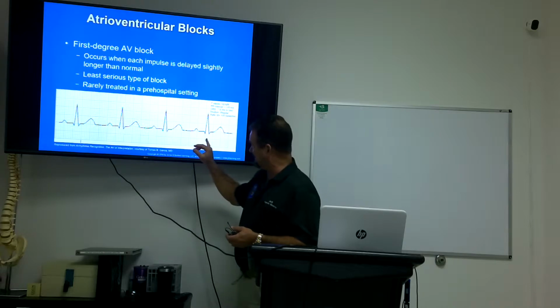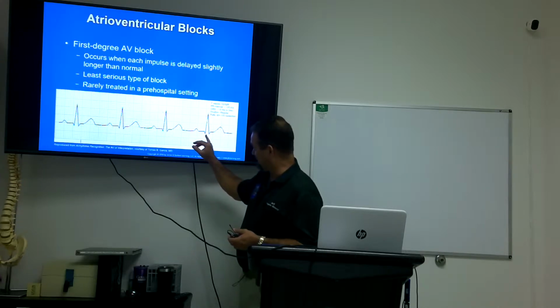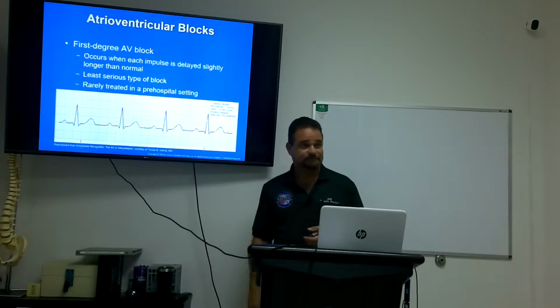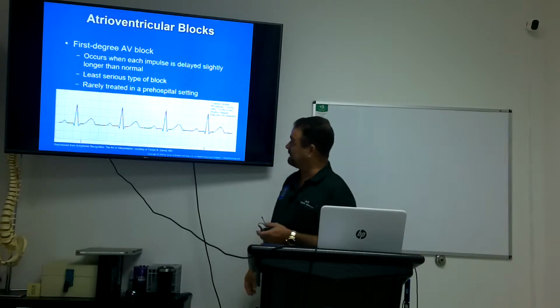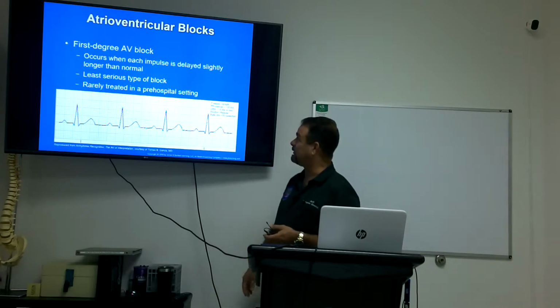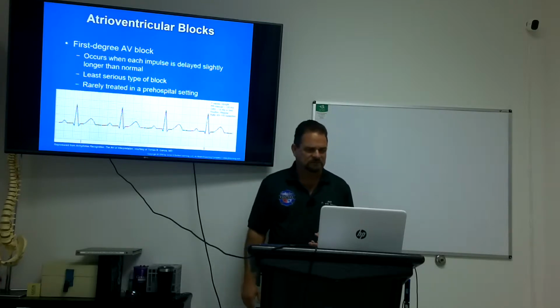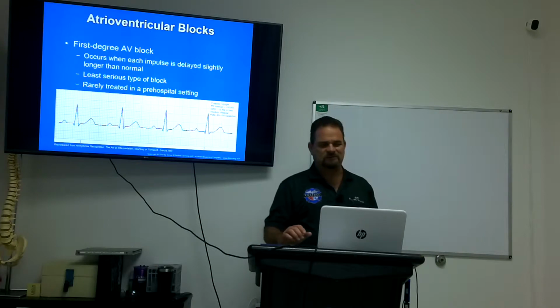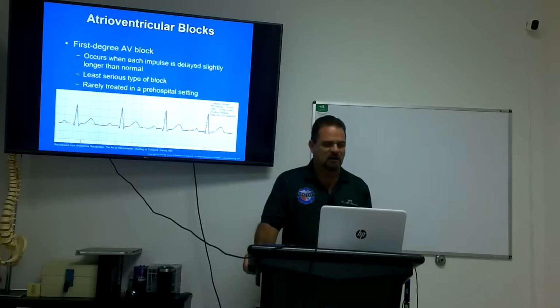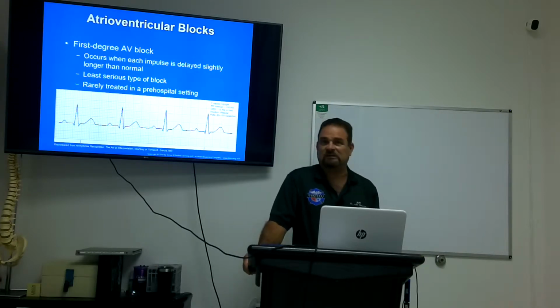If you go from here to here, you have 1, 2, 3, 4, 5, 6, 7, roughly 7 boxes. So this is around 0.28 seconds, somewhere between 0.28 and 0.24, and therefore greater than 0.20 seconds.